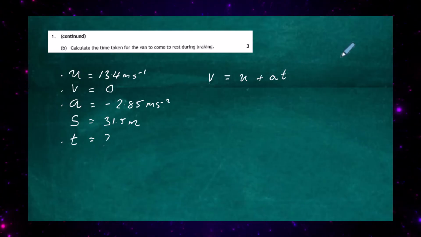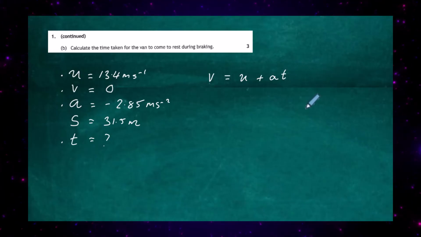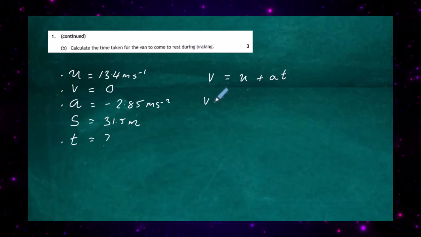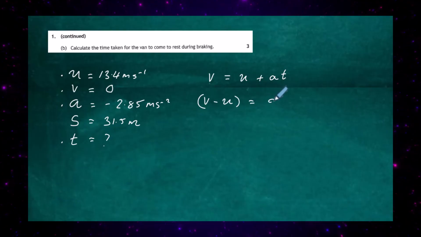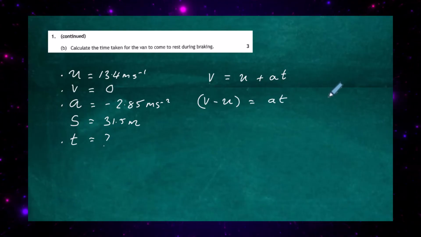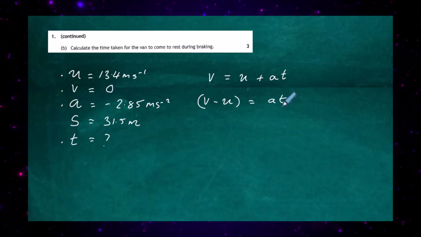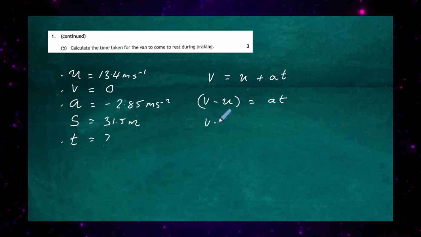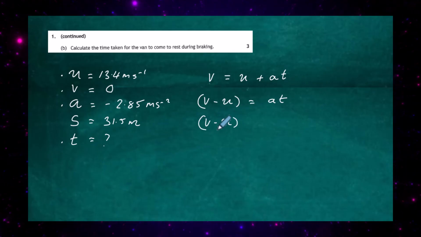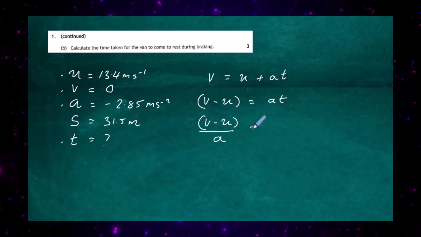Once again, I'm a great believer in getting proficient at rearranging. Final velocity minus initial velocity, in a bracket, equals at, just taking the u over to the other side. To find t on its own, we divide both sides by the acceleration, so v minus u divided by a gives us t.